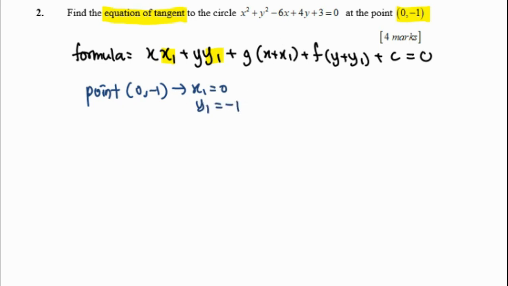Then we have to find our g, f, c from the equation of the circle. Then we plug in our values, and we can find the equation of the tangent.